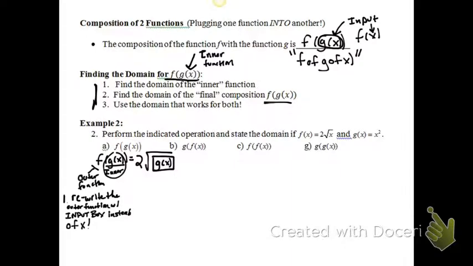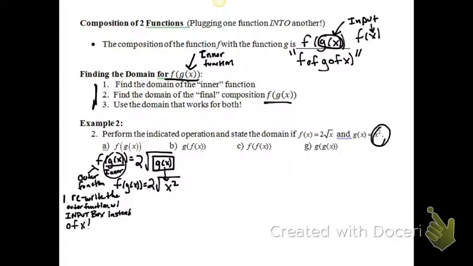Really, I want to plug g of x in. Well, the good news is they do tell us what g of x equals. Over here they're saying it's just the expression x squared. It's the function for squaring. So what I can do then is say, alright, well, f of g of x is really just going to be 2 times the square root of, and remember, g of x is really the function x squared.